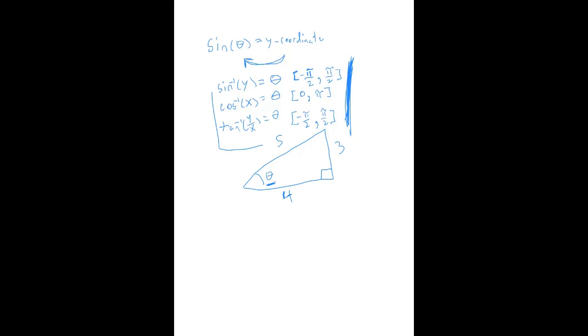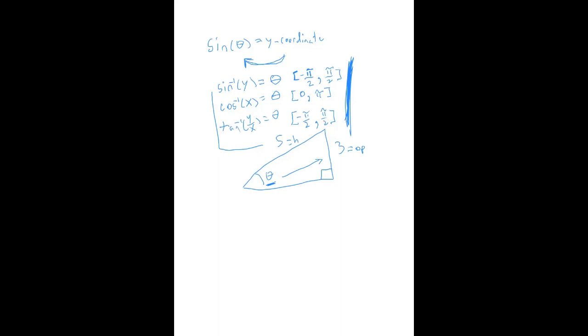So I can look at this and say, well, if I pretend I didn't know what even 4 was, if I know that the side opposite is 3 and the hypotenuse is 5, then do I have a trig function that relates the opposite side and the hypotenuse to an angle?